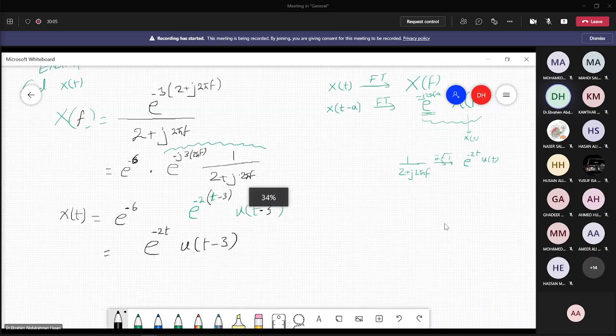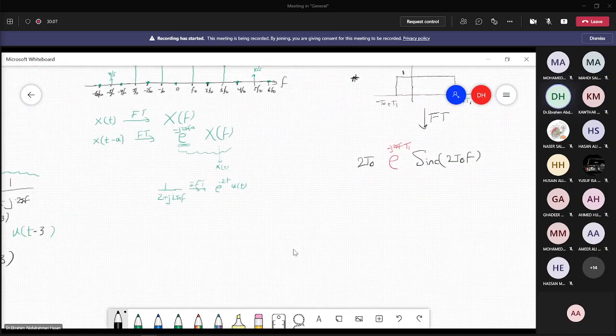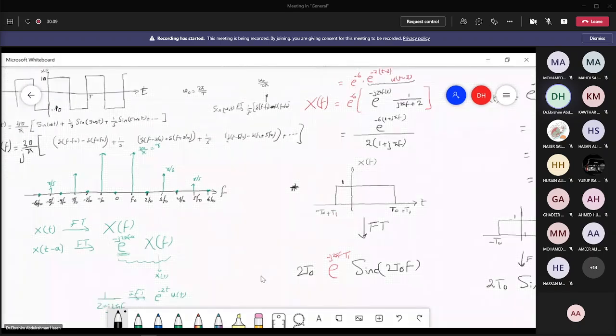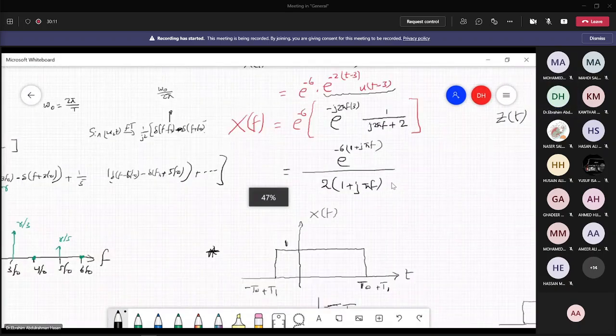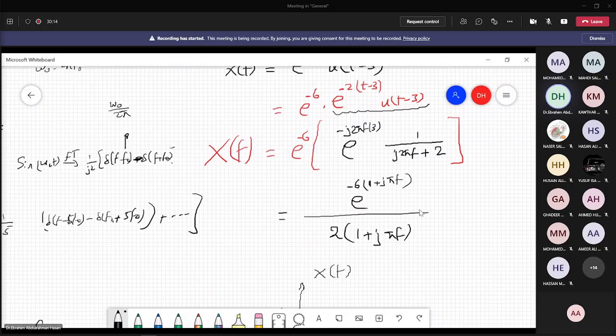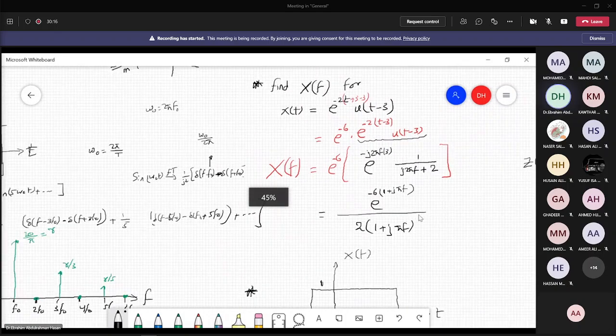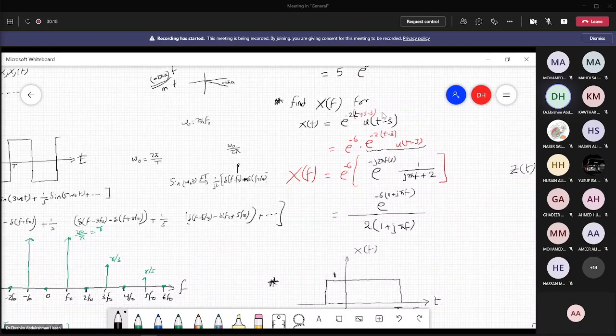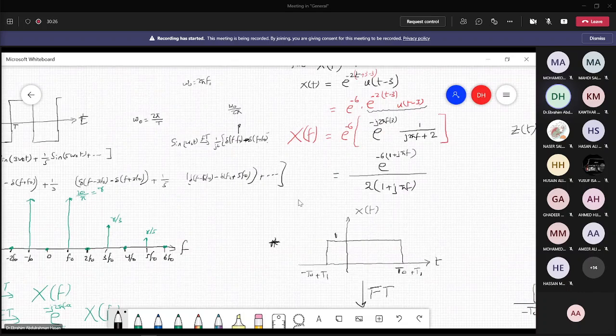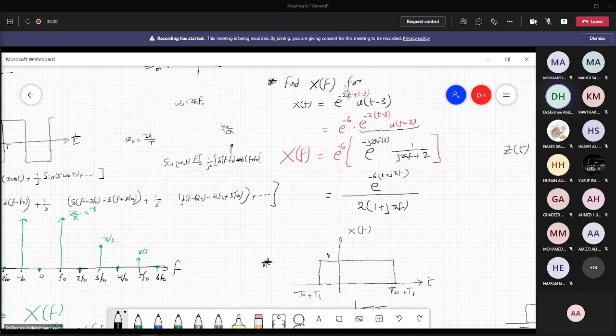And this is exactly equal to the one we solved last lecture, but from x of t, which is equal to this, to x of f. So this is my x of f. And here we just solve it opposite. If we have x of f, how to find x of t?